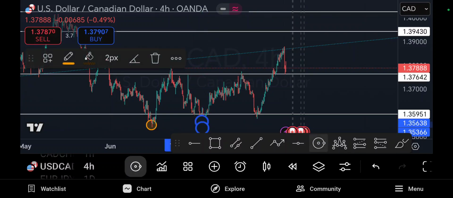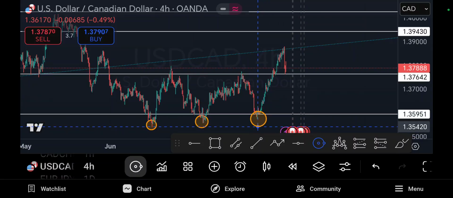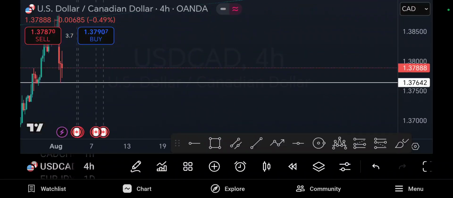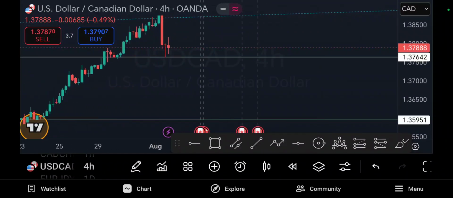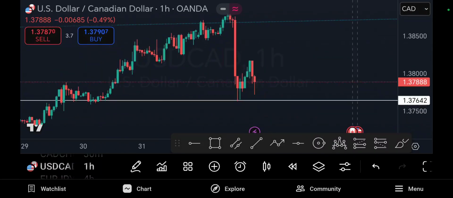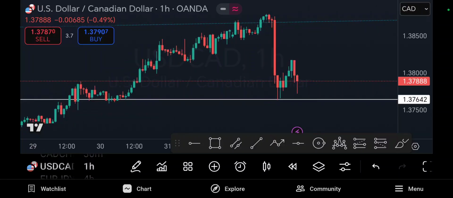So I'm anticipating sales, but obviously once the market opens, it will make sense. So from this, what I'm seeing is that, as I've said, I'm anticipating sales.